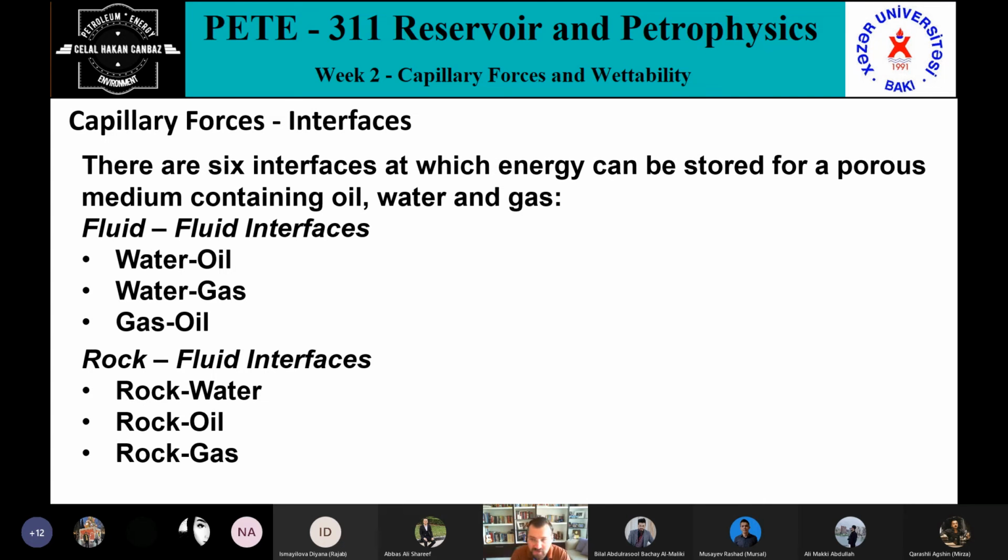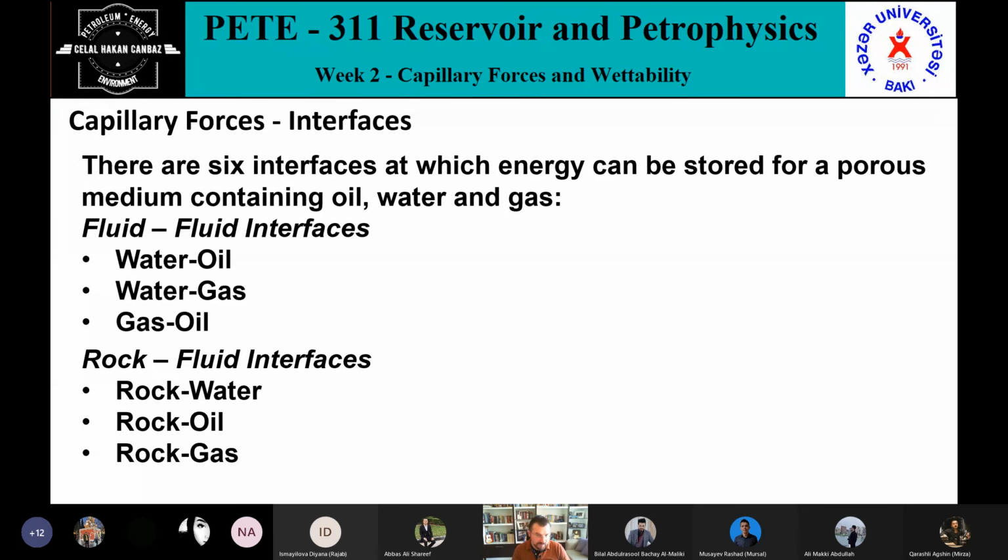Okay. So regarding the capillary forces, interfaces, we can talk about 6 different interfaces actually. 3 of them belong to fluid-fluid interfaces, and the other 3 rock-fluid interfaces. For the fluid-fluid interfaces, we can talk about the interaction between water phase and oil phase, water phase and gas phase, and gas phase and oil phase. So in reservoir, in porous rock, we have 3 different phases, right?